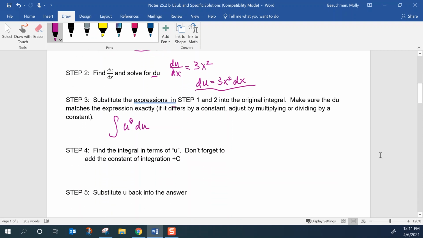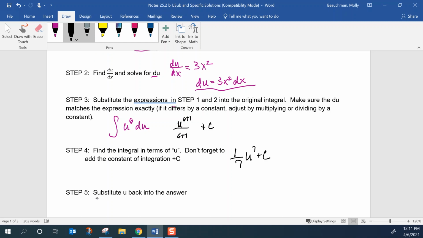Now I can use the power rule backwards to find the integral. The integral of u to the sixth du is u to the power of 6 plus 1 divided by 6 plus 1, plus the arbitrary constant c. So I get 1/7 u to the 7th plus c.